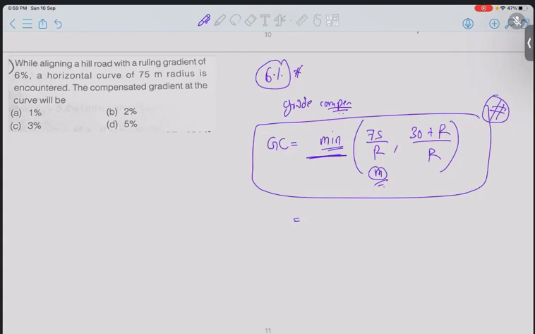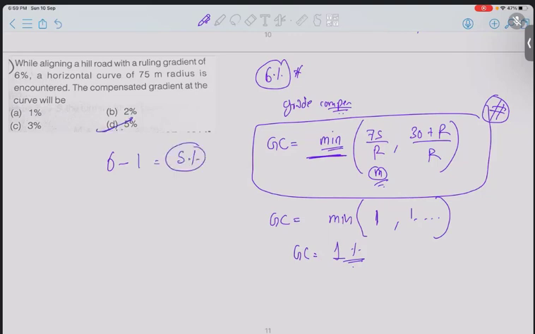Okay, so 75 by R is 1 and 30 plus R by R is definitely going to be greater than 1. So let's just write 1 point something here. So from this calculation, the grade compensation comes out to be 1%. So the compensated gradient is going to be 6 minus 1, that is 5%.